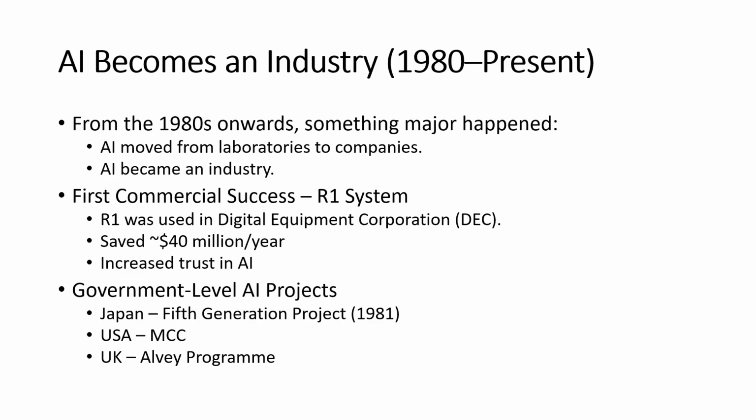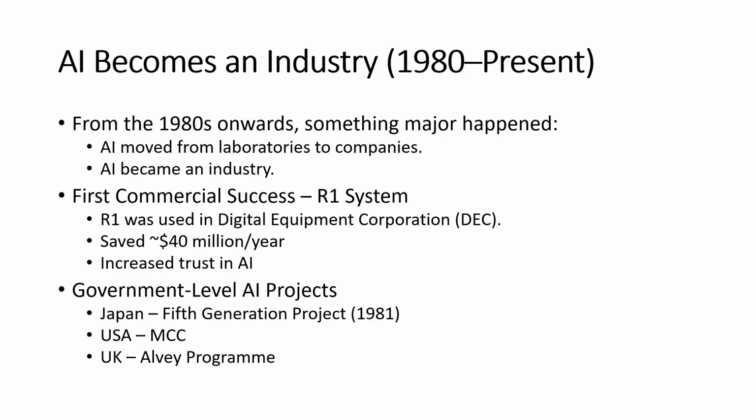The most famous was Japan's project. Japan announced a 10-year plan to build intelligent computers. They planned to use logic programming, the Prolog language. That is the Fifth Generation project in 1981.